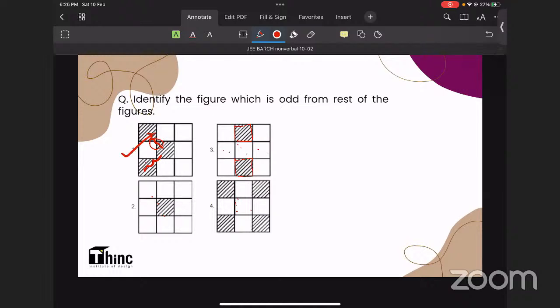In option 2, option 3, option 4, no other shaded portions are connected, or there is no straight line extending to 2 boxes. Such a long line is absent in all other options, but this particular single line is present in option 1. In those ways, you can consider the first one as the odd one.